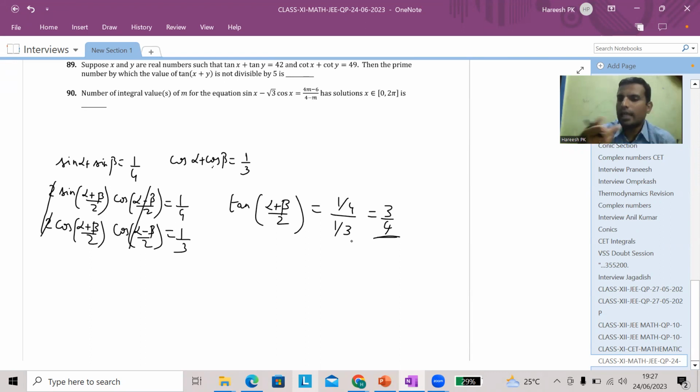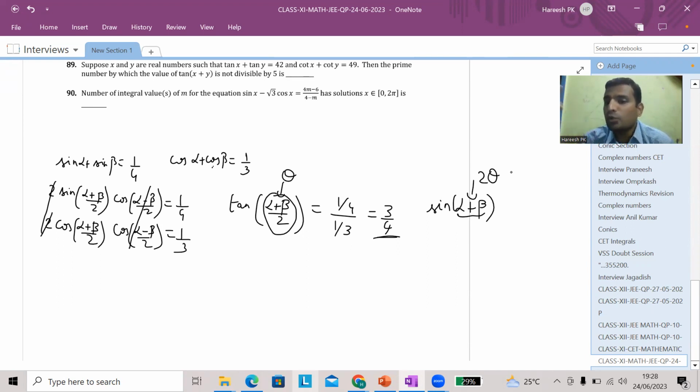Now once you get tan alpha plus beta by 2, they are asking sin alpha plus beta. Are you able to see, if I consider this as theta, this is 2 theta. So they are asking for sin 2 theta. For sin 2 theta, what are the two formulae?